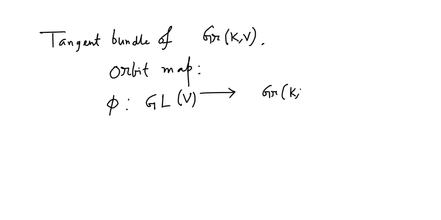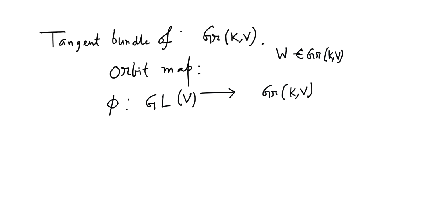Suppose you fix a particular k-dimensional subspace W. So you have this orbit map phi.